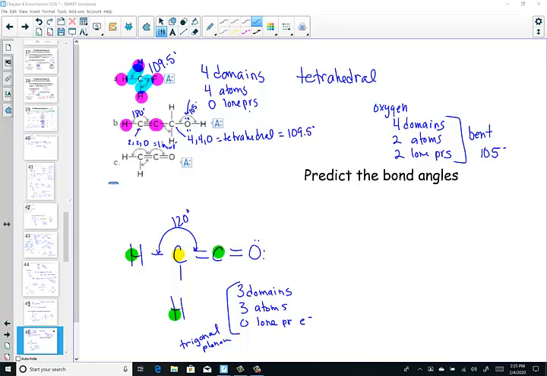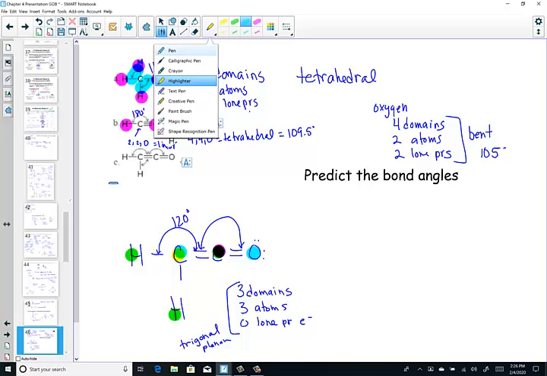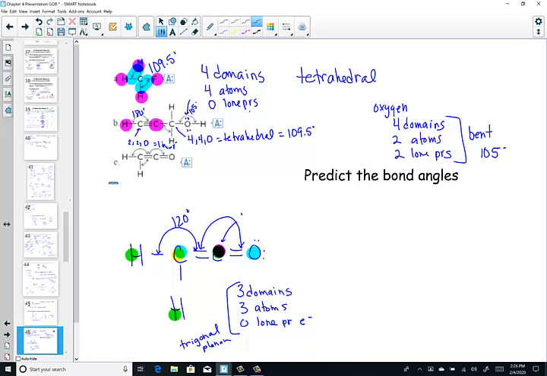Let's consider now this next bond arrow, which is going from here to here. That means we have to examine, let me make it bright pink, this carbon, and I can see that it has 2 domains. It's 2 domains. I just said it and wrote 4. Both of those lead to atoms. 0 are lone pairs. So you have a VSEPR count of 220, which we understand is linear.